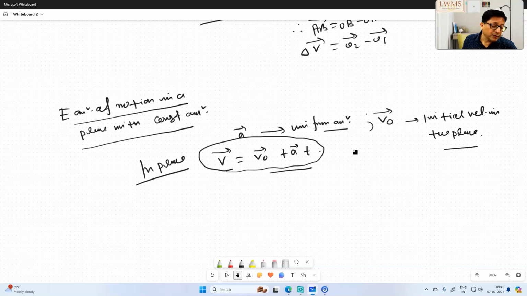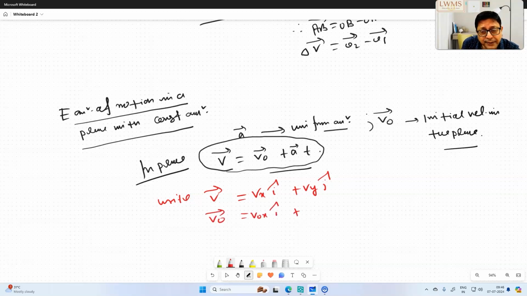But if you go by components, then what is the V vector? Write this V vector as Vx i cap plus Vy j cap. V0 vector you write as V0x i cap plus V0y j cap. Then I will just show you one calculation.